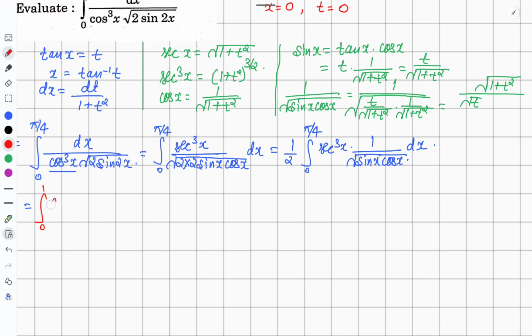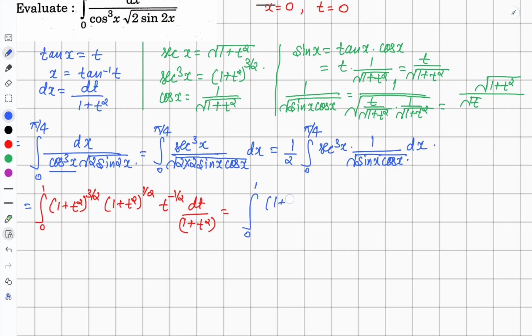So secant cube x is 1 plus t square raised to power 3 by 2, and this will be 1 plus t square raised to power 1 by 2. I'm converting root into raised to power 1 by 2, and then root t is in the denominator. You can write this as t raised to power minus 1 by 2 into dx. Dx when converted into dt will be dt by 1 plus t square. So this is what we are working with, 0 to 1.